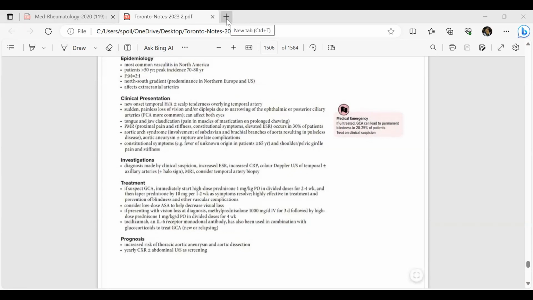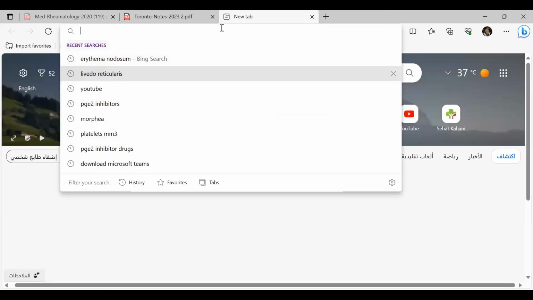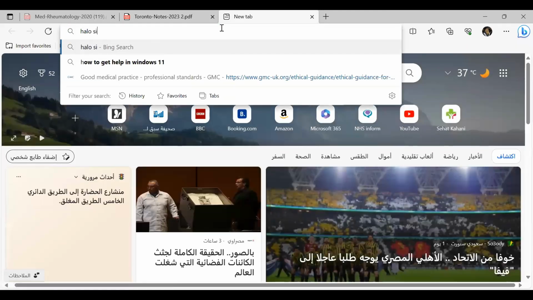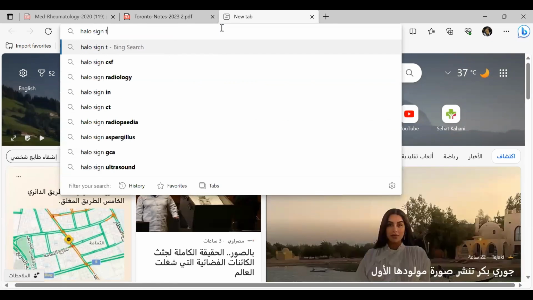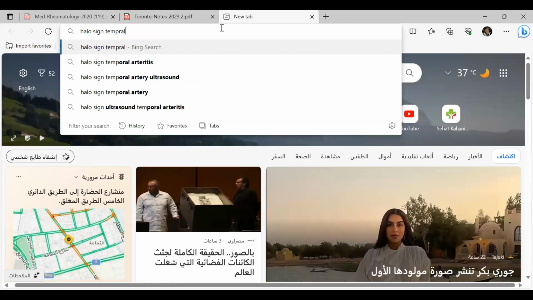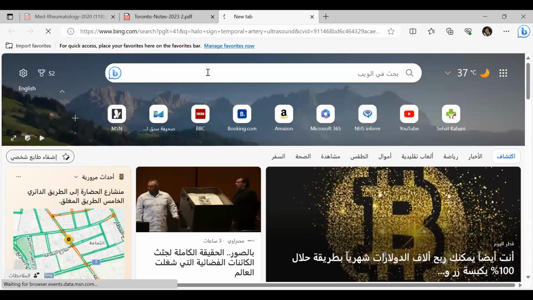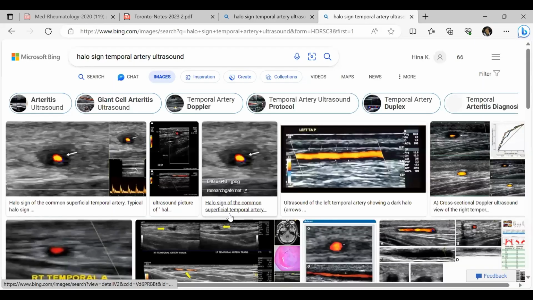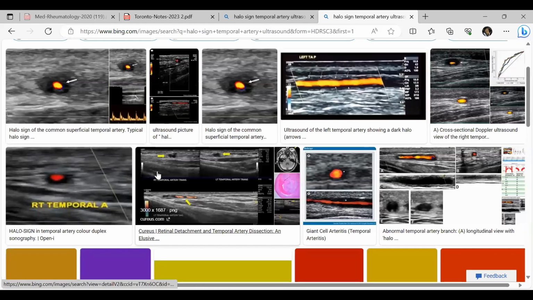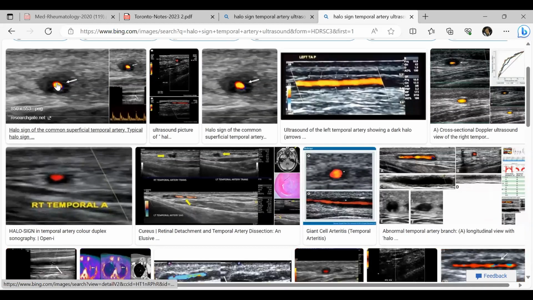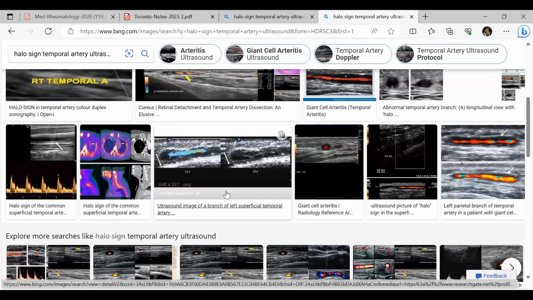Halo sign on ultrasound of the superficial temporal artery will look something like this. Typical halo sign, and this one is the right temporal artery.